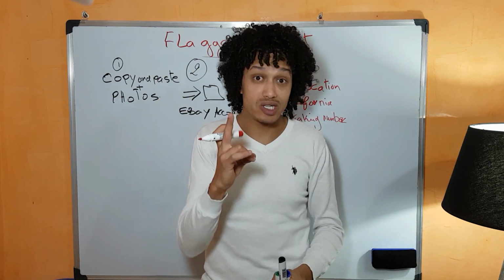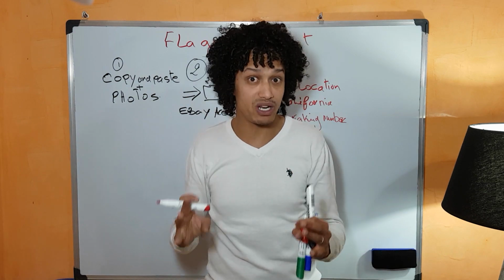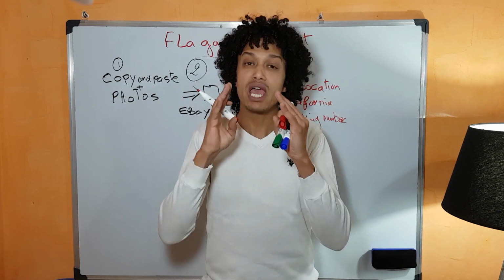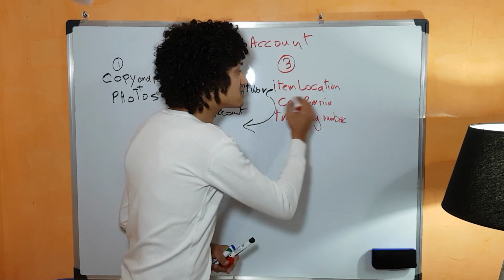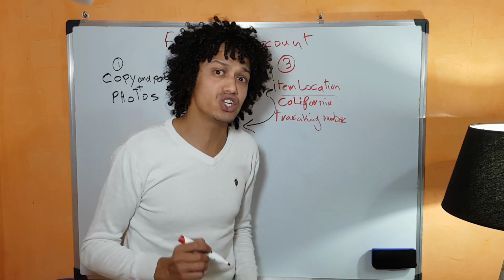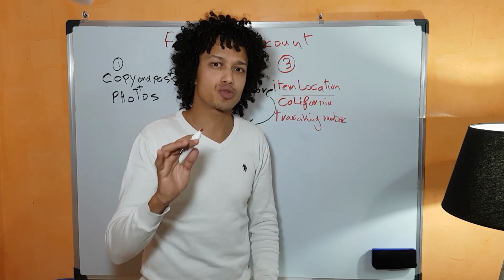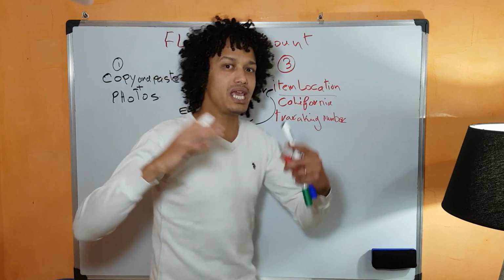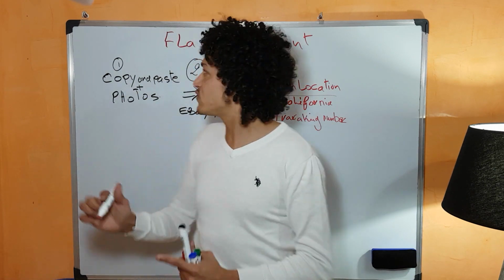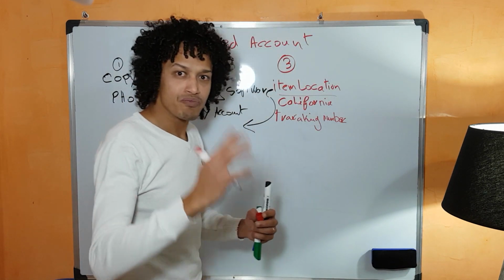All right. So this is one of the problems that everybody's facing. Item location, huge problem. So eBay got that data. They've seen it. Okay, let's go to number 4.